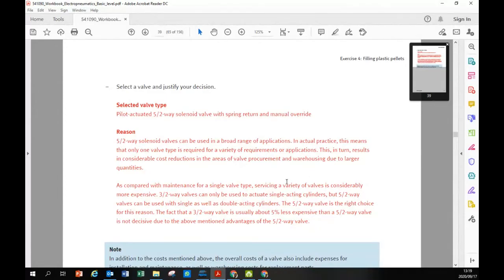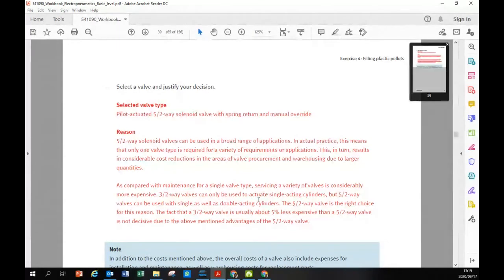This can result in a considerable cost reduction in valve procurement and warehousing due to larger quantities. As compared with maintenance for a single valve type, servicing a variety of valves is considerably more expensive.